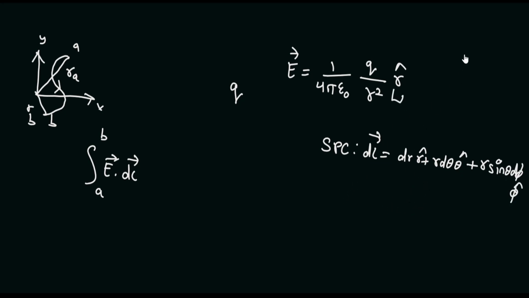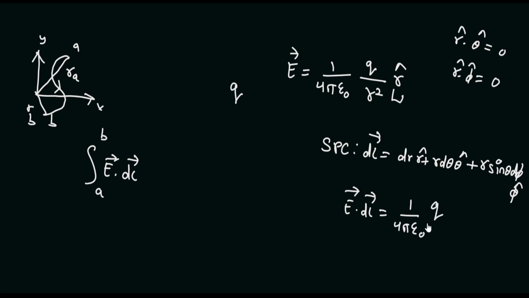We also know that r cap dot theta cap will be 0 and r cap dot phi cap will also be equal to 0. So E dot dl will be equal to 1 divided by 4 pi epsilon naught q divided by r square dr, since r cap dot r cap is equal to 1.